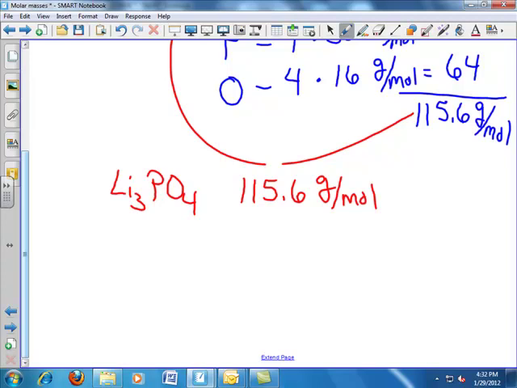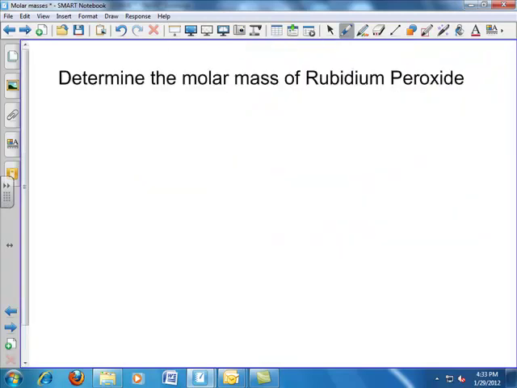So again, that would mean if I massed out that amount, that 115.6, what that would mean is I have 6.022 times 10 to the 23rd of those molecules, and actually formula units in this case. All right? Do this one on your own. Determine the molar mass of rubidium peroxide.